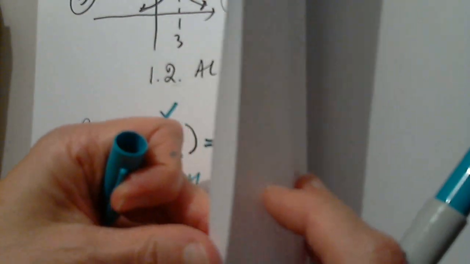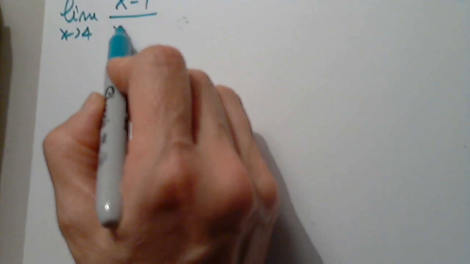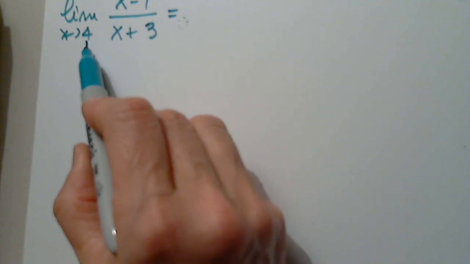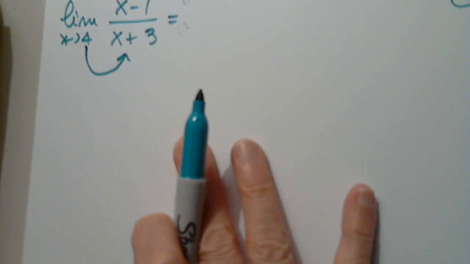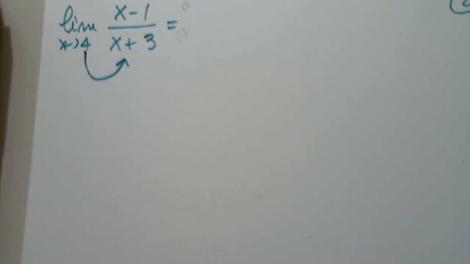Now, when we have a situation like this, a different function, of course, x approaches 4, let's say from x minus 1 over x plus 3. Because 4 is in the domain, that's why we discussed domain. Is 4 in the domain of this function? Does it make the denominator 0?